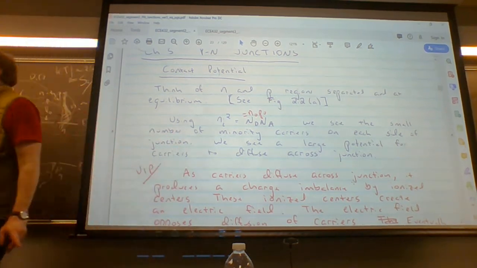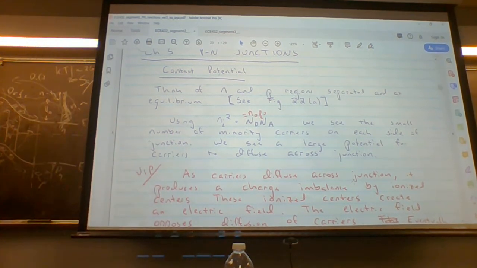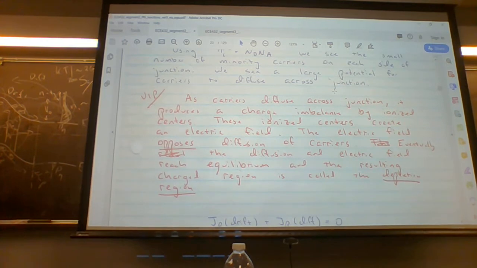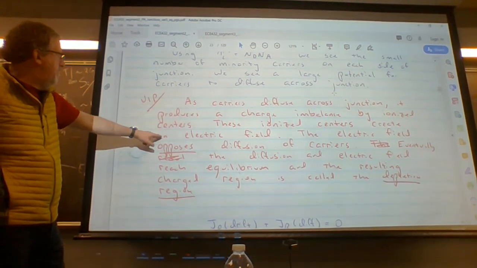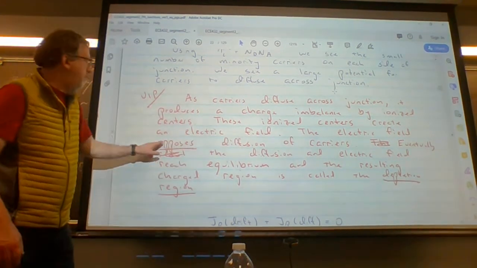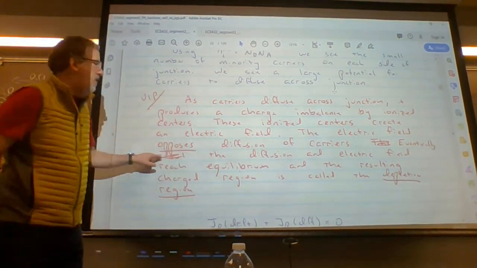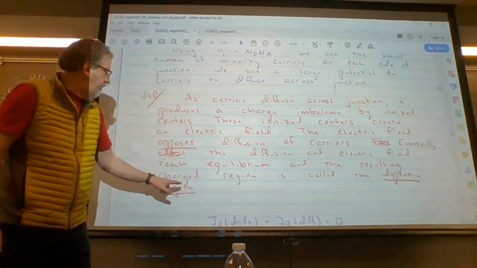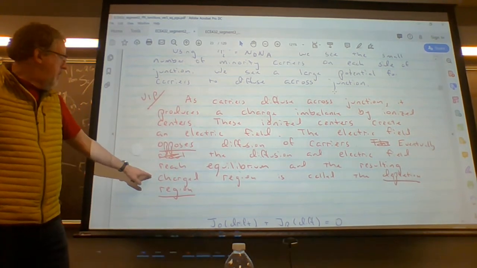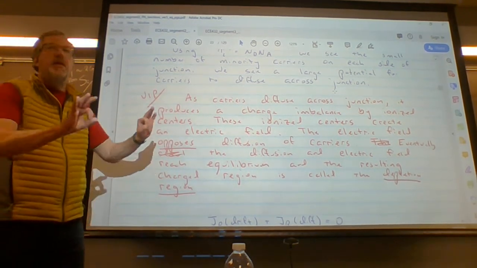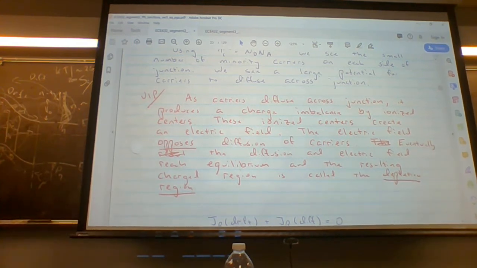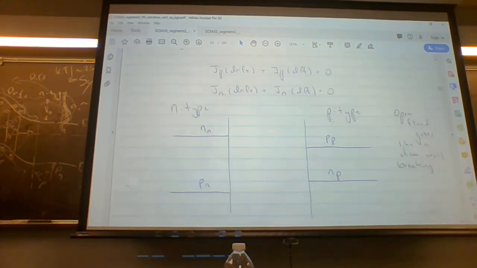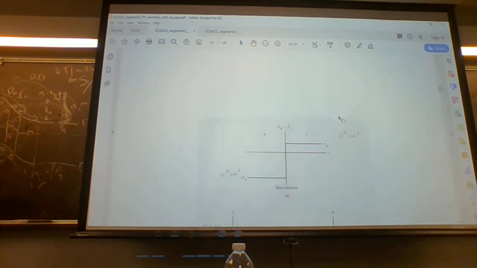That's the meaning of concentration here. So as the carriers diffuse across the junction, it produces that charge imbalance by the ionized centers. These ionized centers create an electric field. The electric field opposes the diffusion, and eventually the diffusion and electric field reach equilibrium, and the resulting charge region is called the depletion region. That's about as brief as you can get. But you end up with that.